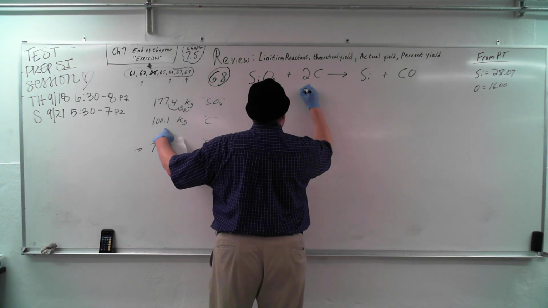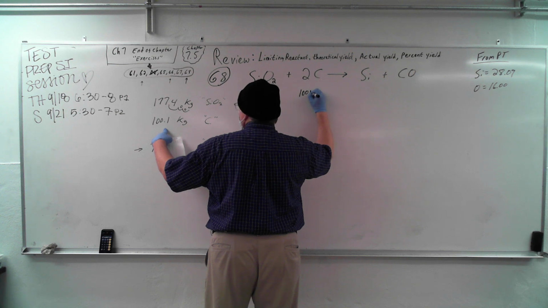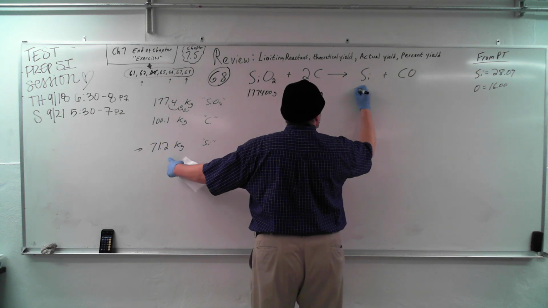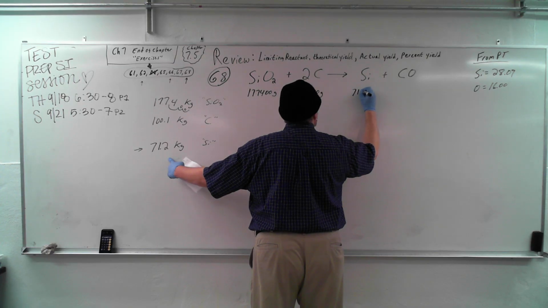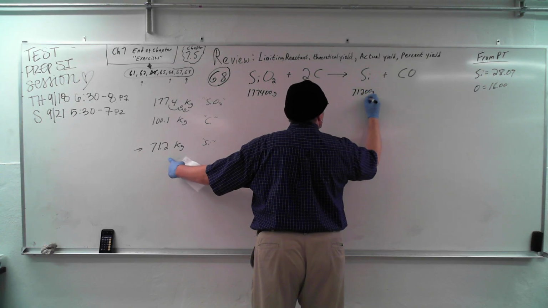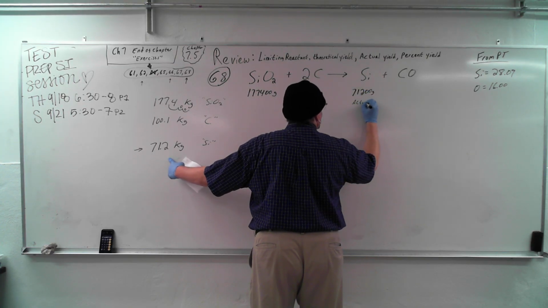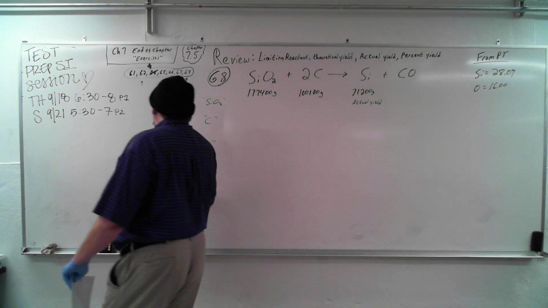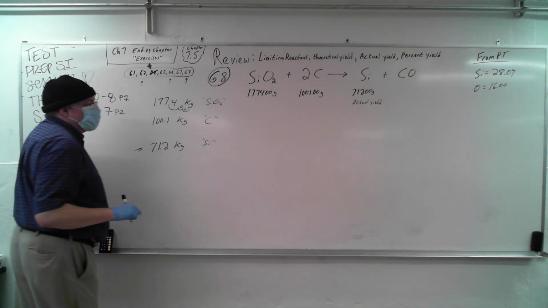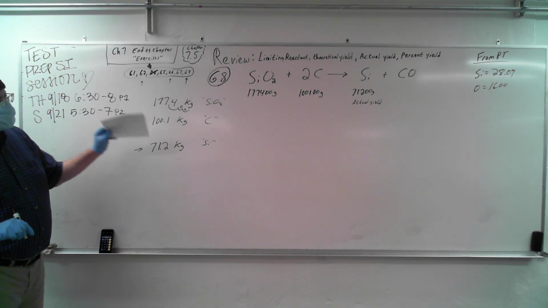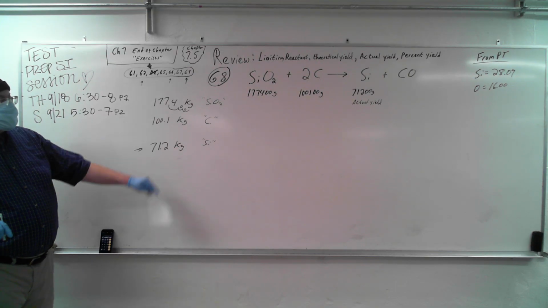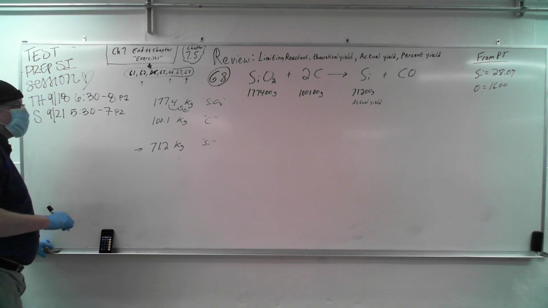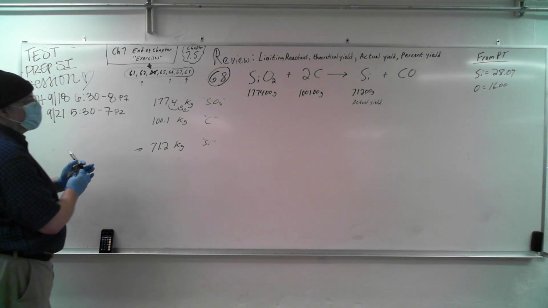This one ends up being 100 grams, and this one ends up being 712 grams. Go ahead and turn your kilograms into grams, and then set it up like this to solve it. And that gets that conversion out of your way right up front.